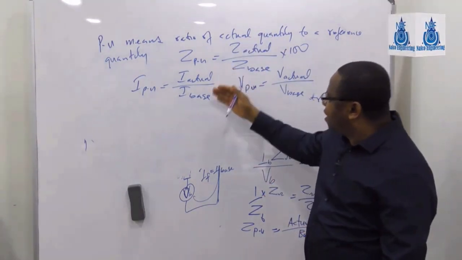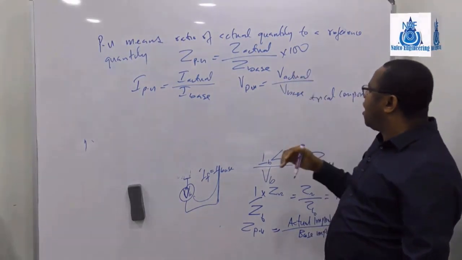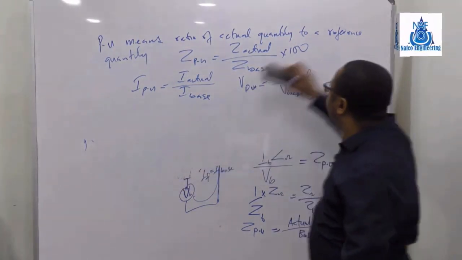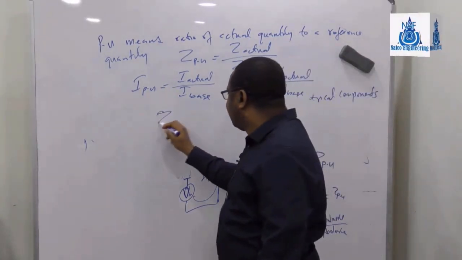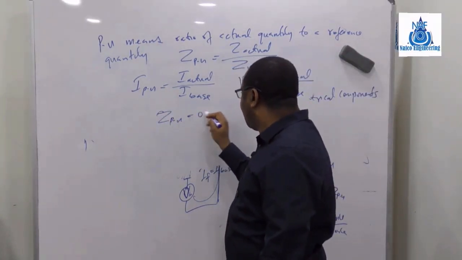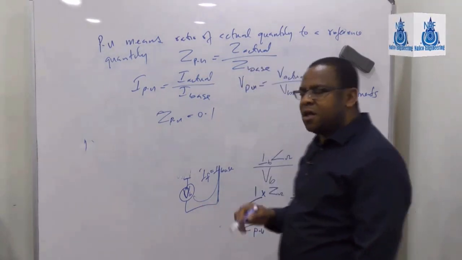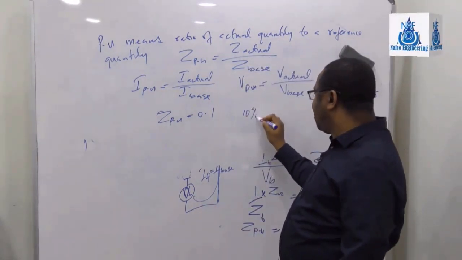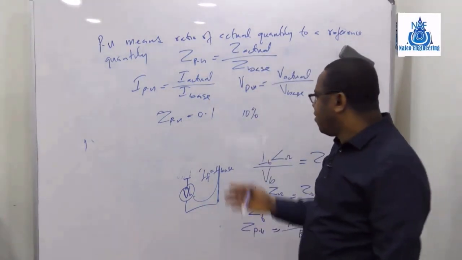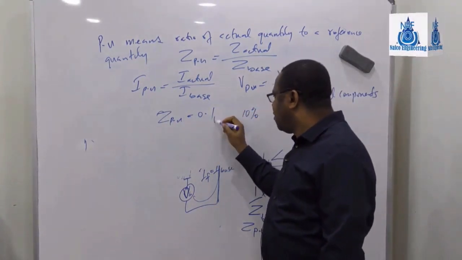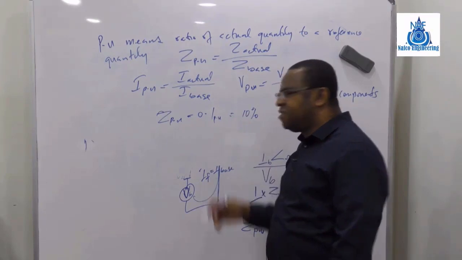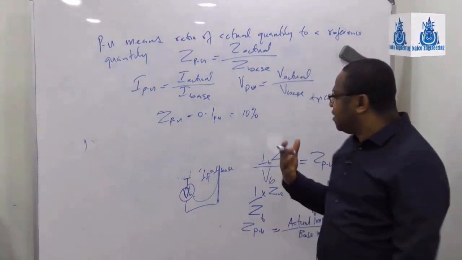The same thing applies to I in per unit and V in per unit. Let's say Z in per unit is 0.1. Remember 0.1 is the same as 10%. So either you write Z as 10%, or you write 0.1 in per unit. So 0.1 per unit is the same thing as 10%.